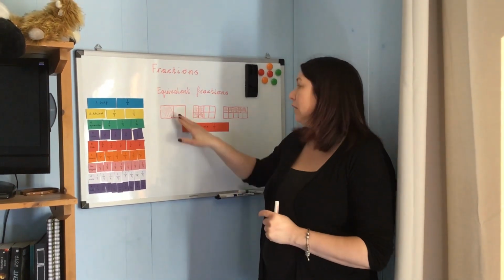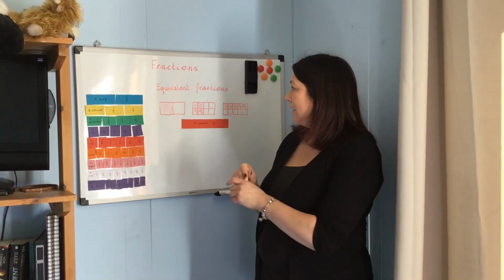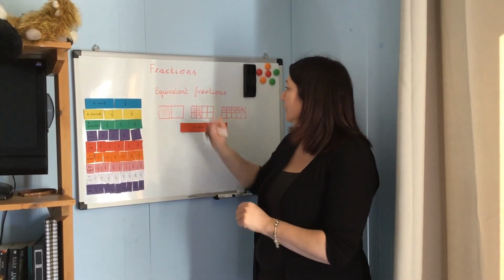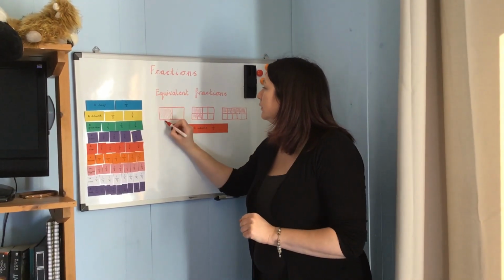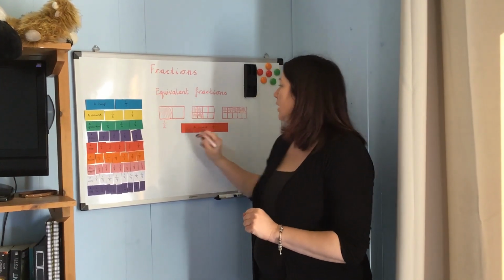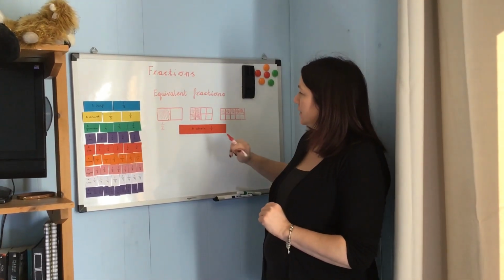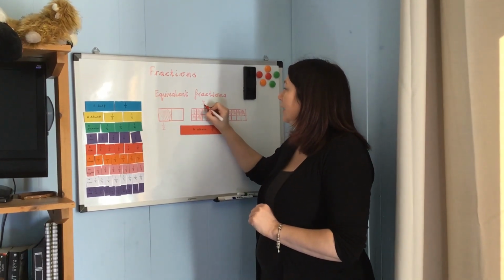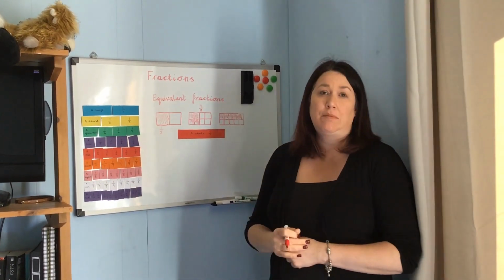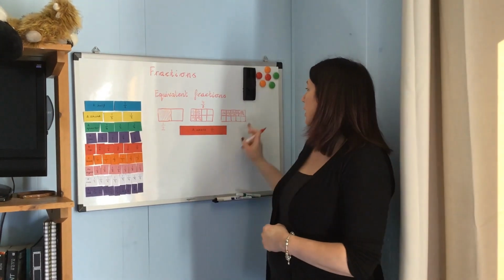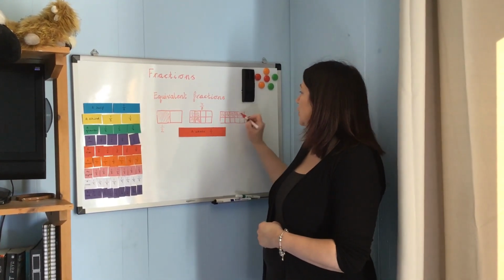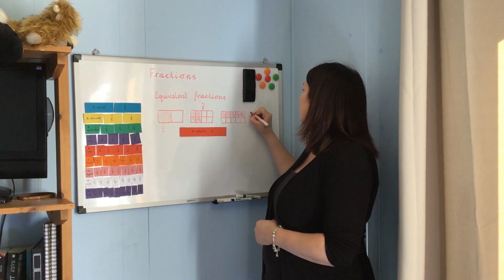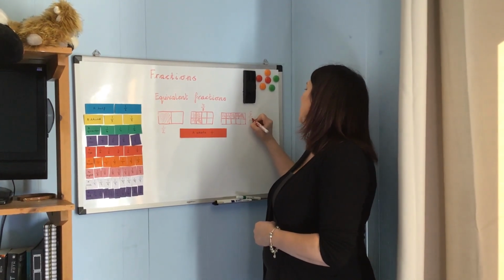In this bar of chocolate, I have shaded a half. On this bar of chocolate, I have shaded 4 out of 8 pieces, so that makes 4 eighths. And over here, I have shaded 5 out of 10 pieces.